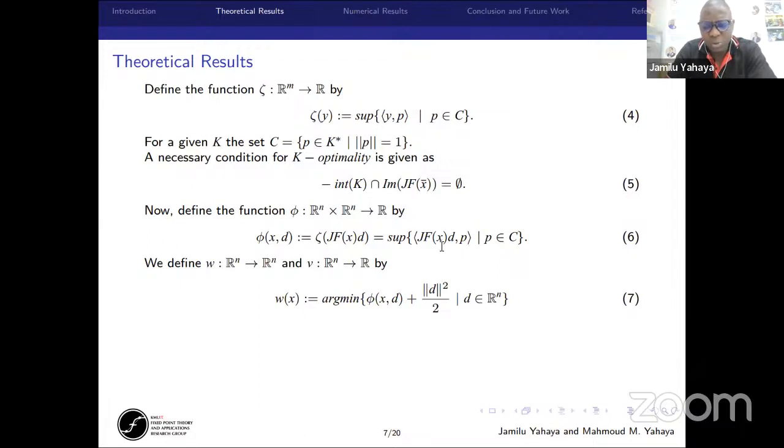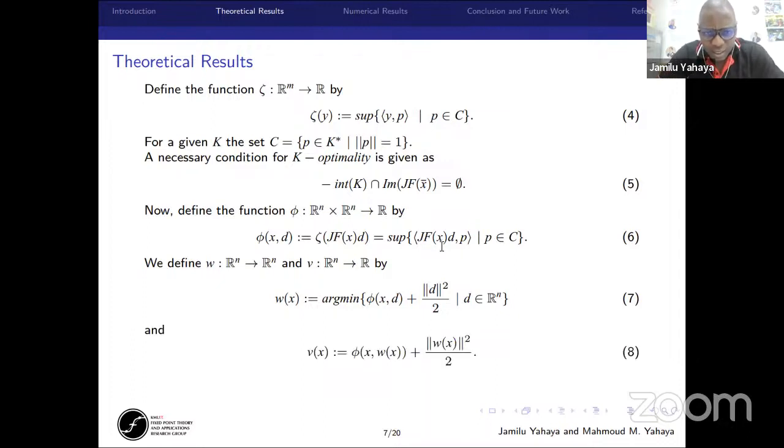One more important map that we need in the vector settings is the steepest descent direction. The steepest descent direction was extended to vector settings in the work of Drummond, Grana, and Svaiter in 2005, as you can see, and is given by equation 7.